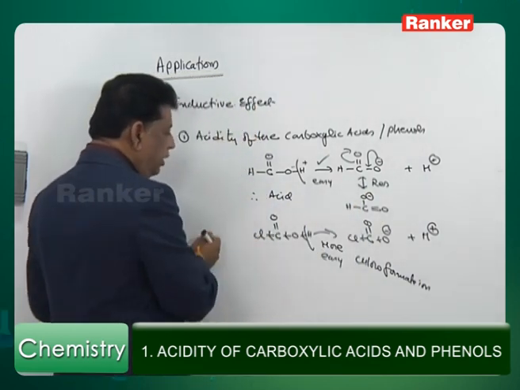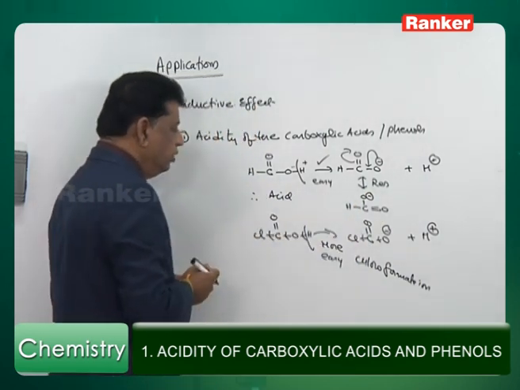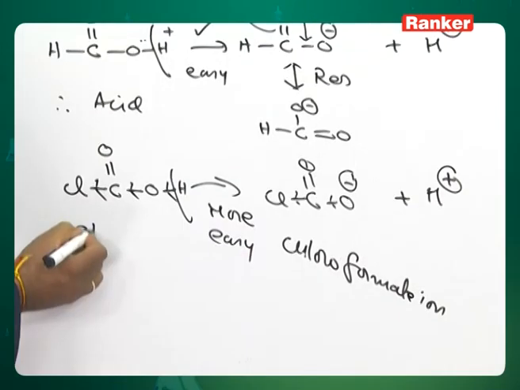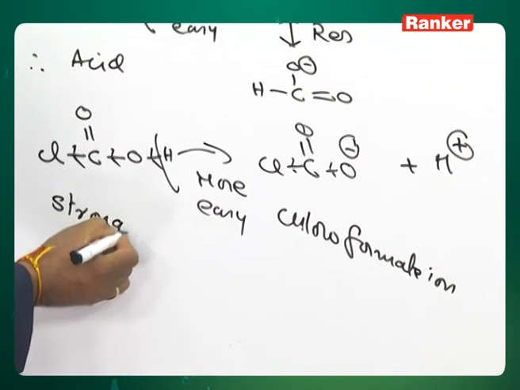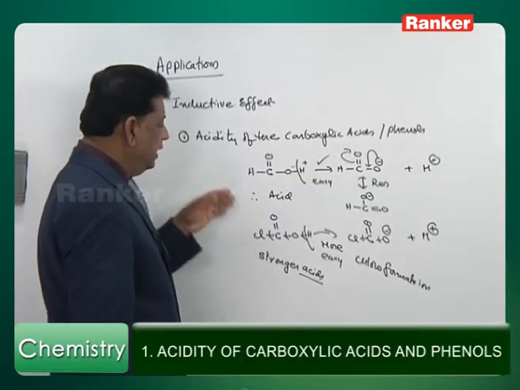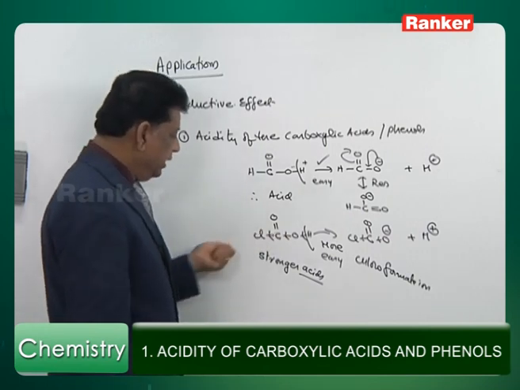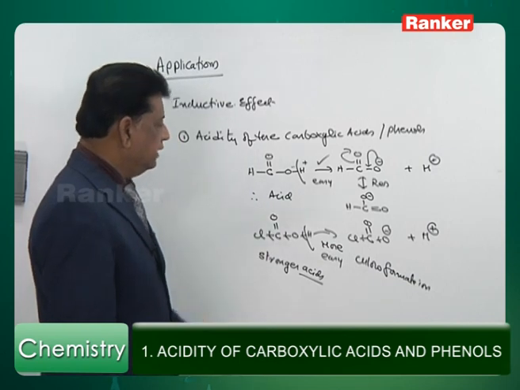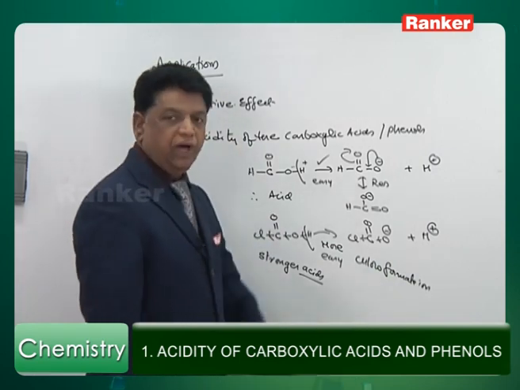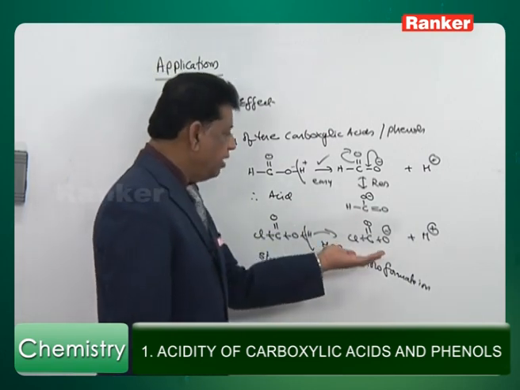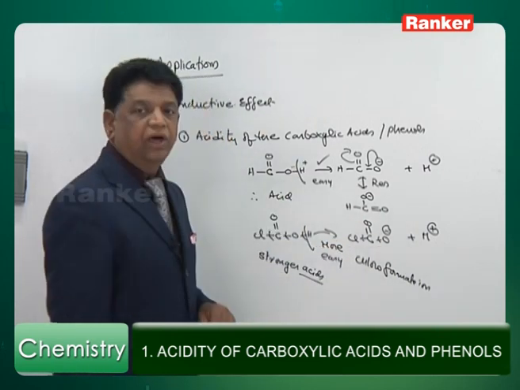So, the chlorine makes the molecule donate the proton more readily, therefore, it is a stronger acid. Why is it a stronger acid? Two ways you can explain. One is, in the acid itself, chlorine has a minus I effect, therefore, proton loss will become easy, that is why it is stronger. Or the anion formed, that is the consequence of the donation of the proton, has more stability than the formate ion.